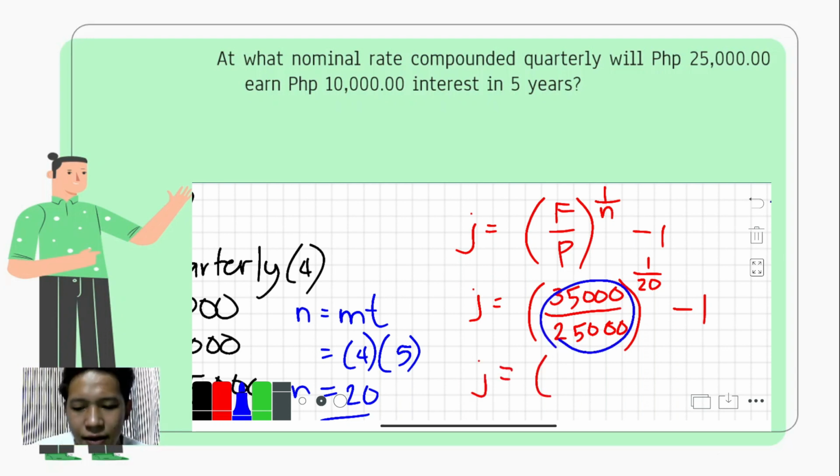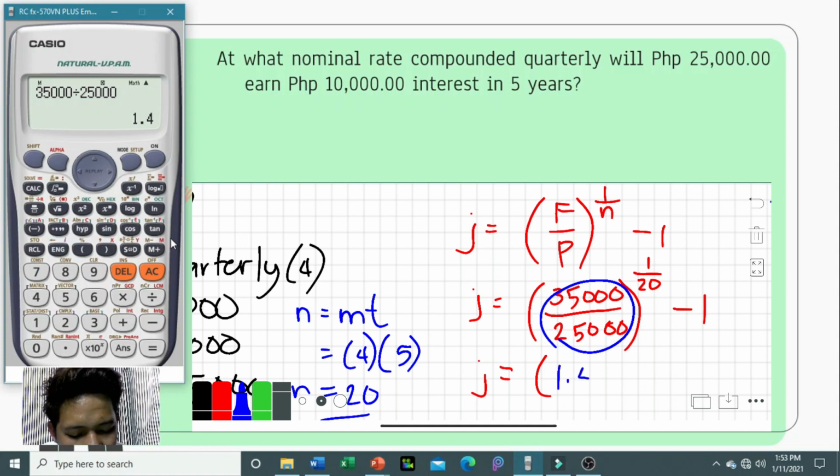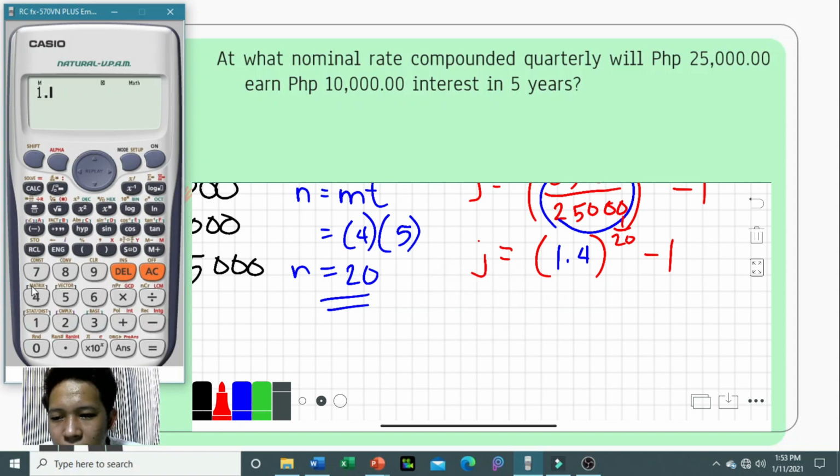So, we'll be having 35,000 divided by 25,000. So, that is 1.4. So, we have your 1.4 raised to 1 over 20 minus 1. And then, we now have this one. 1.4 raised to 1 over 20.